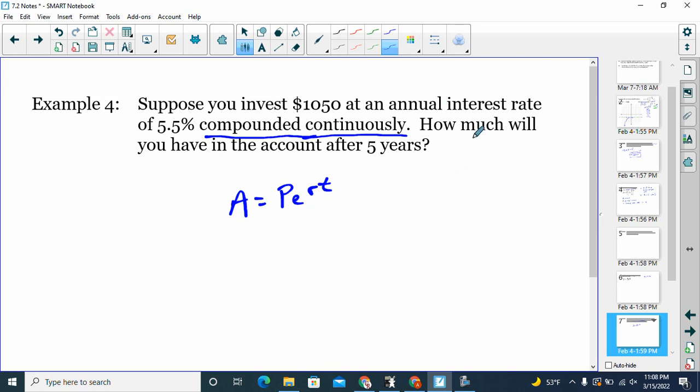We are asked how much is in the account after 5 years. So we want the final amount in the account. I'm still looking for A. P, the principal amount, the starting amount is $1,050. E is just E. R is our interest rate, 5.5%. It does need to be changed to a decimal, 0.055. And T is time, measured in years, which is 5.